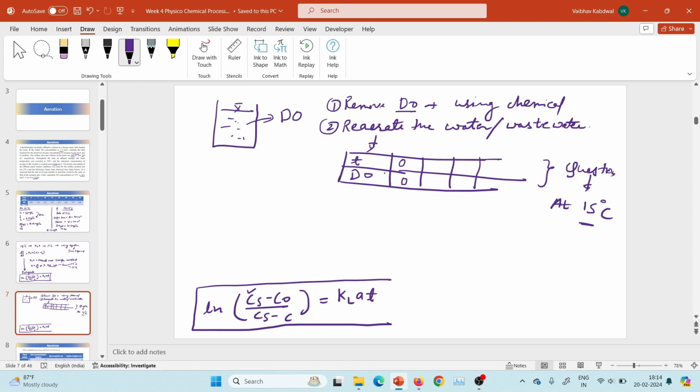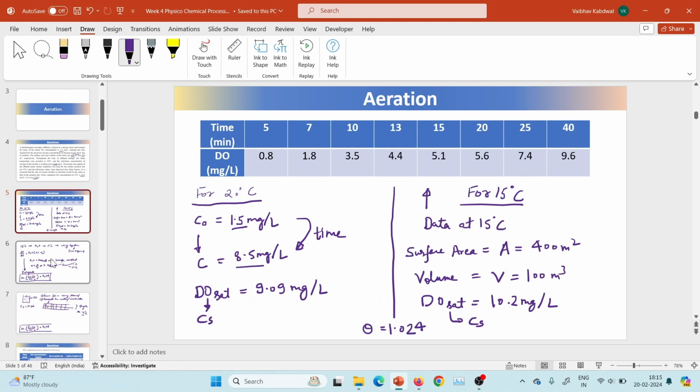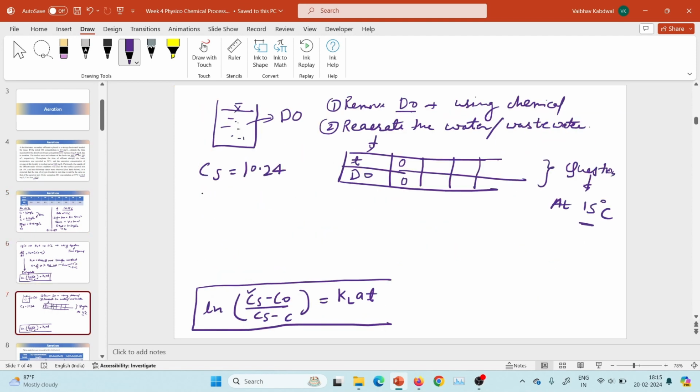So we will start the test from DO equals 0. C0 will be 0. So here I will write Cs is 10.2.